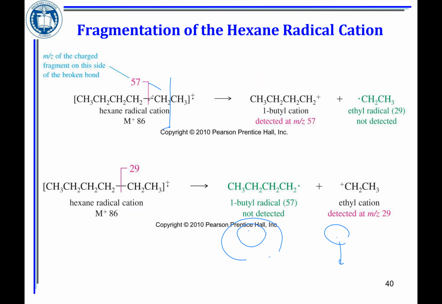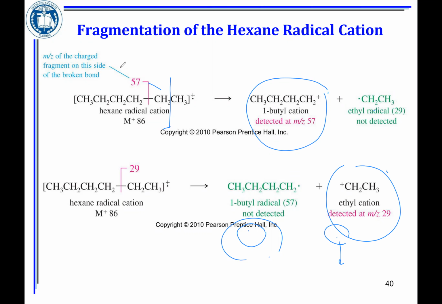So if there is a cleavage at the red color we have here, you could have a cation of 57 and you would have a cation of 29. Both of them would reach the detector. Now, the other pieces, of course, are going to be vacuumed out of the system.